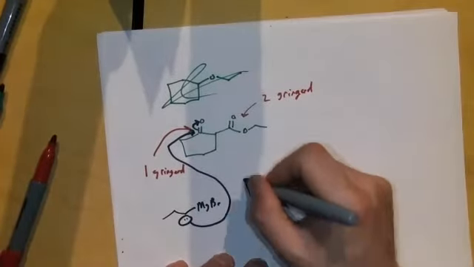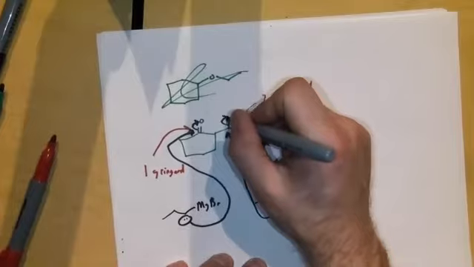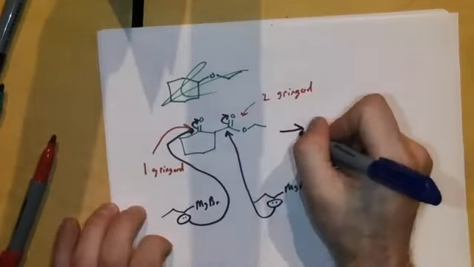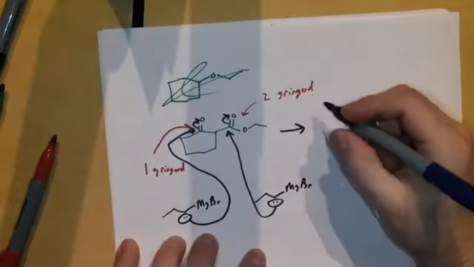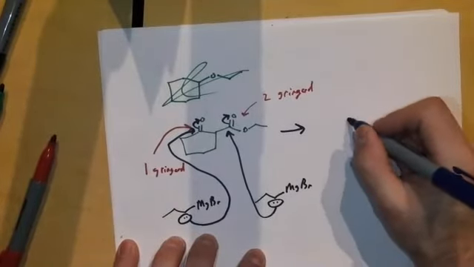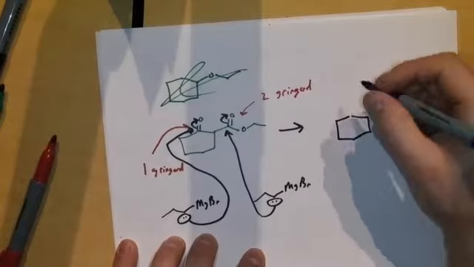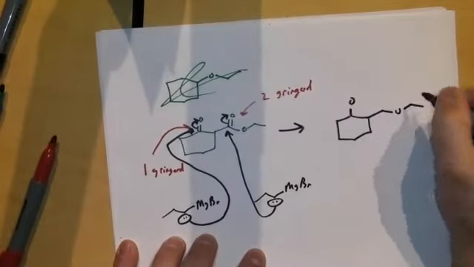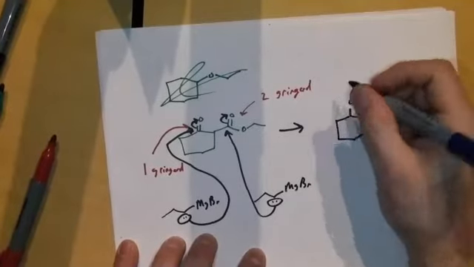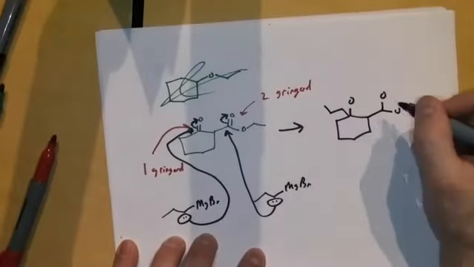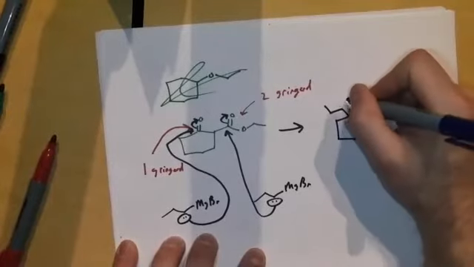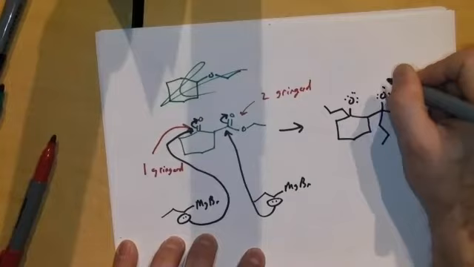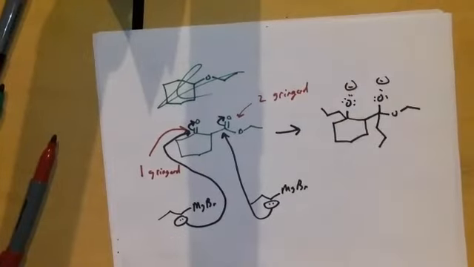The other one can attack at our ester here. This is going to be three carbons. 1, 2, 3. 1, 2, 3. Give us something more complicated.